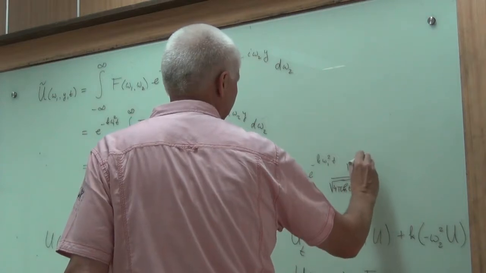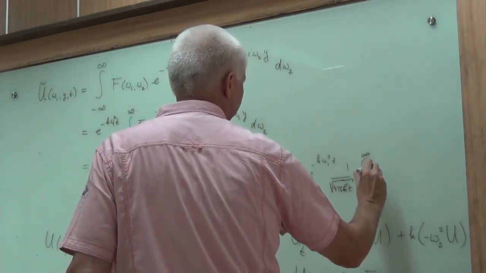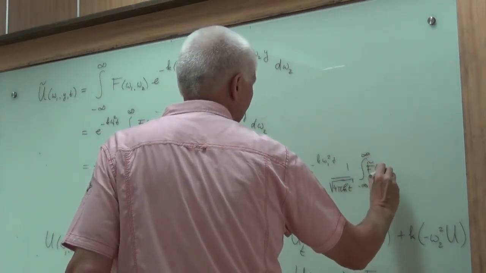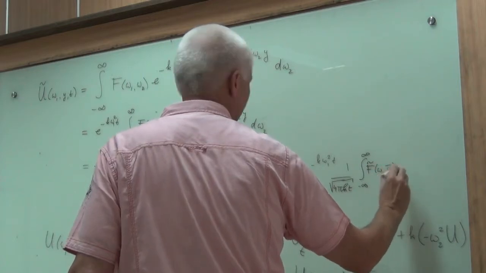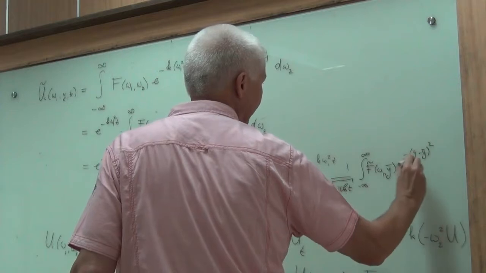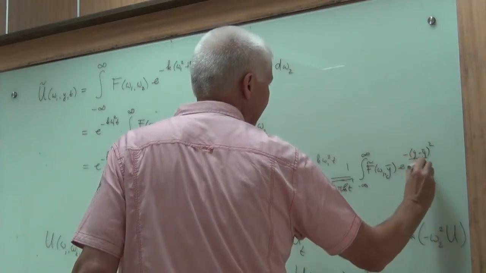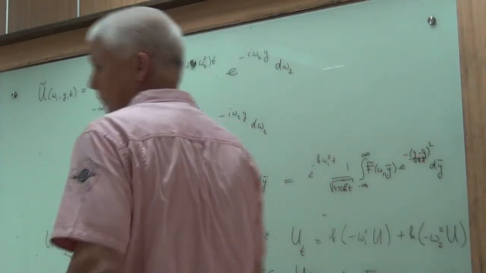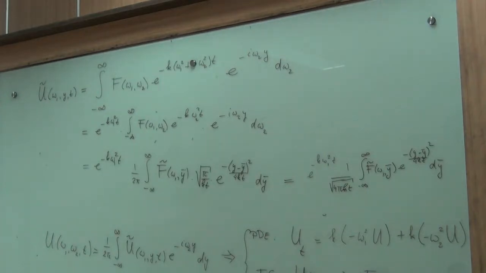Times an integral from minus infinity to plus infinity of f tilde omega 1, y bar, e to the power minus y bar squared over 4kt, d y bar. And then immediately we recognize already part of the heat equation for the one-dimensional case. That was 1 over the square root with t and then that integral.